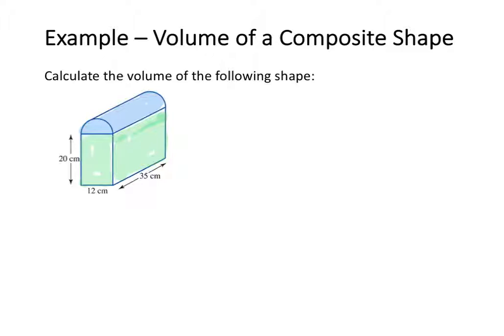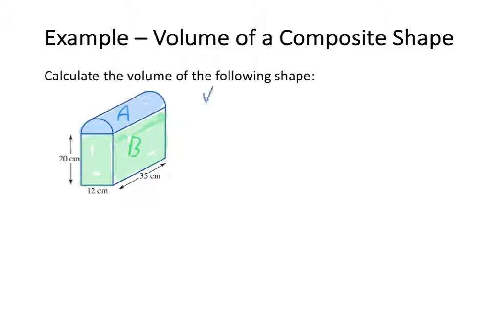So to calculate the total volume, I need to calculate the volume of the semi-cylinder and the rectangular prism. So I'm going to call my semi-cylinder shape A and my rectangular prism shape B.